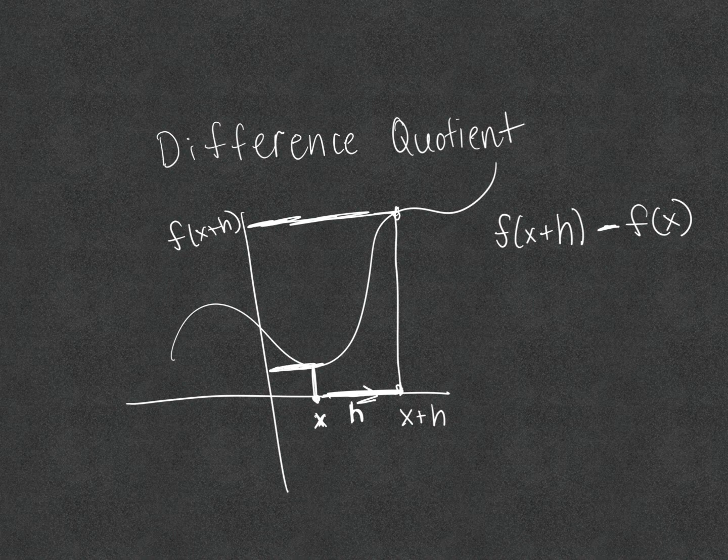So that quotient, or difference, represents your rise. And then your run is this here. We just want h over. So it's h. That is the difference quotient. f of x plus h minus f of x all over h, the difference quotient.